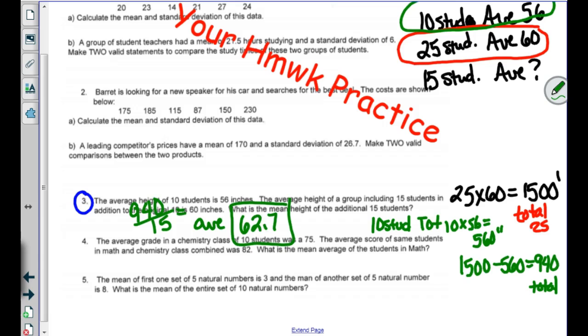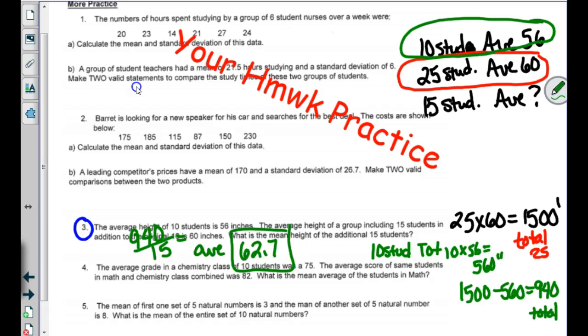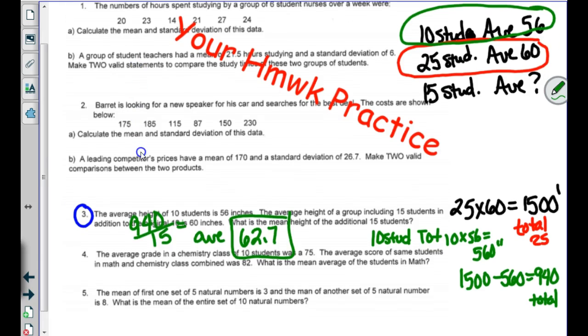Okay. So you have a couple more questions like that, and you have a couple where it asks you to calculate mean and standard deviation on your calculator. That's it. All right, we're going to keep going. I don't know that I'm going to get to another section to assign you today, but I want to keep talking about data.